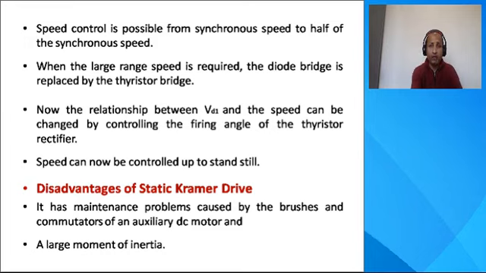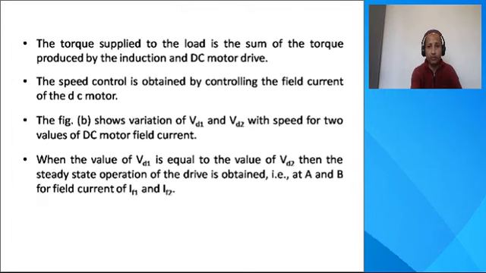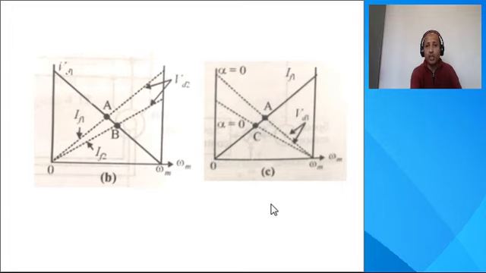And when we are using a thyristor circuit, we know that there is a firing angle by which we can control the speed and voltage, as we can see here. Here is the graph in which we can see that the field current is that, and with the help of changing different values of alpha, VD1 can be changed. The various values of VD1 can be seen in this graph.